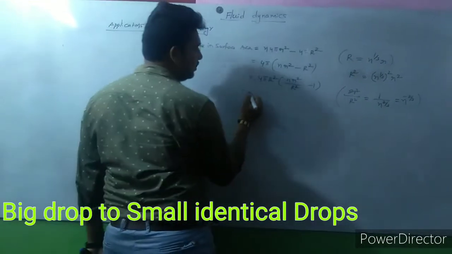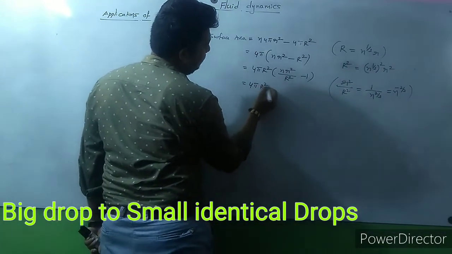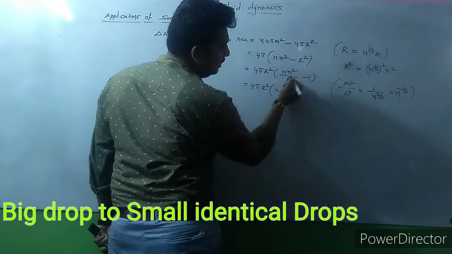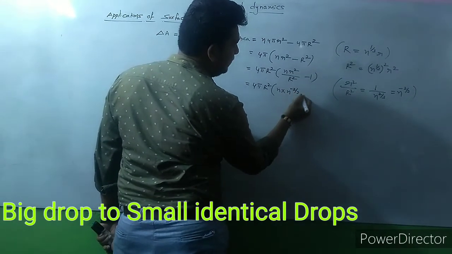So substitute: 4 pi capital R square into n into n power minus 2 by 3 minus 1.